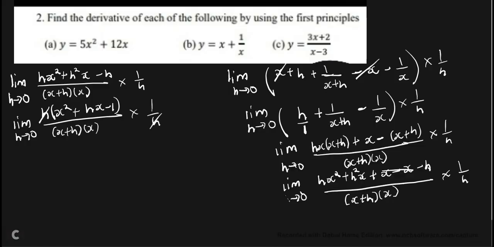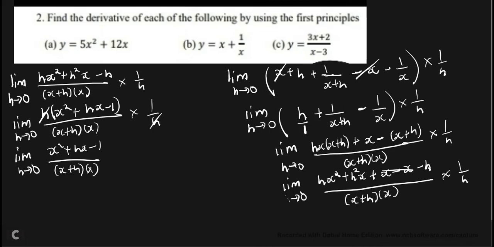This and this will go. Then what you have is the limit as h approaches 0 of x squared plus hx minus 1 over x plus h, and x there, right? Then from there, let's substitute.